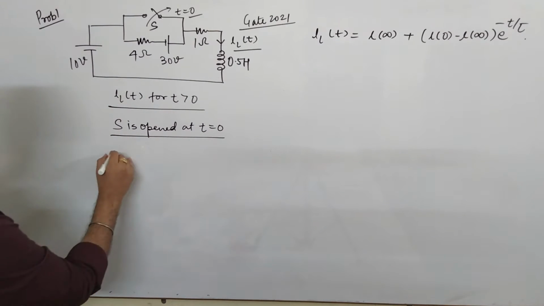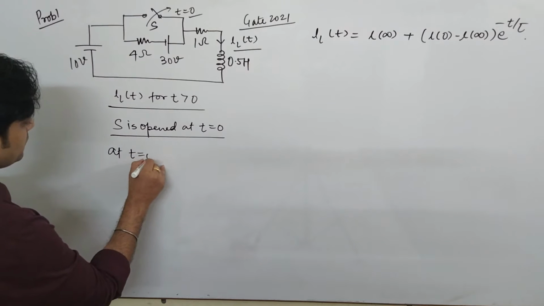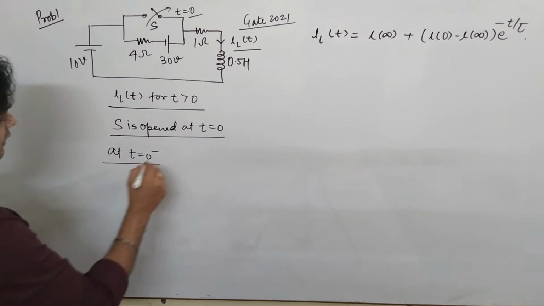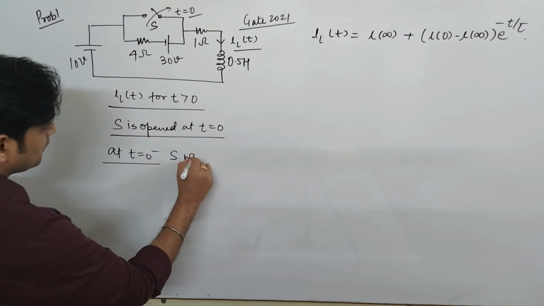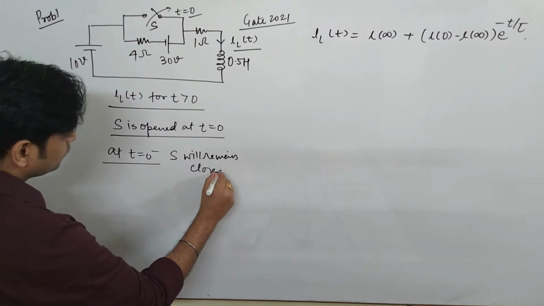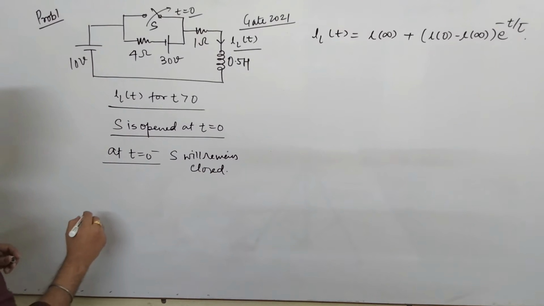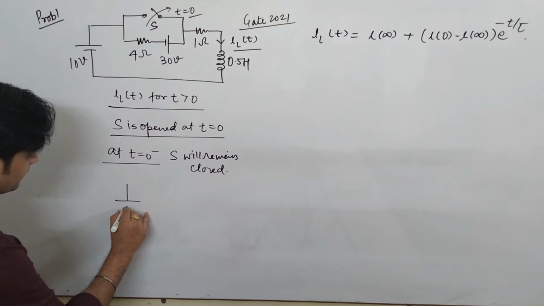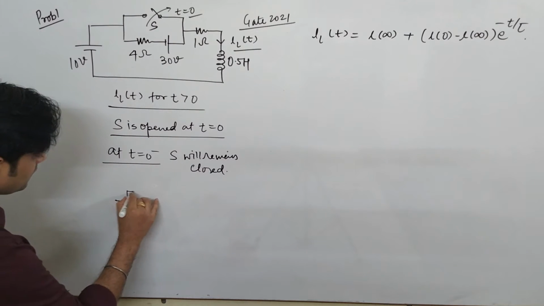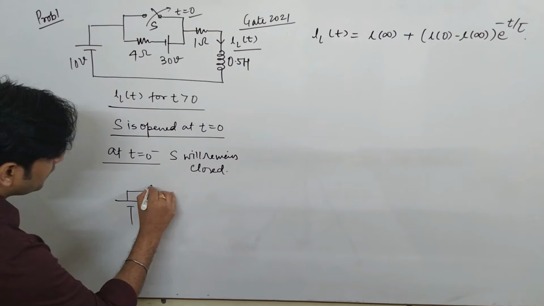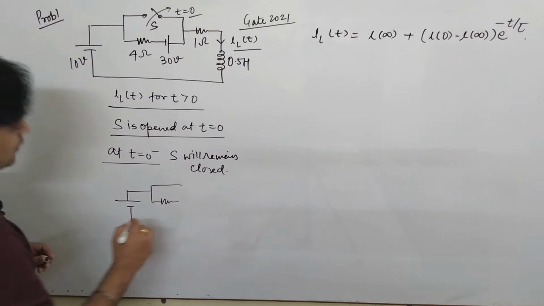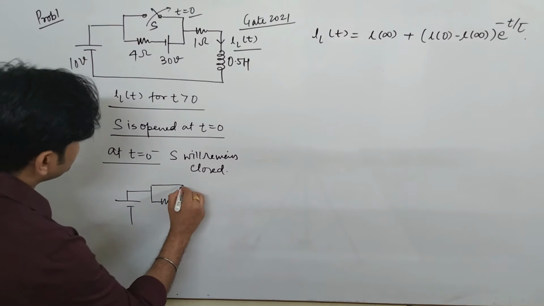Now if you see at t equal to 0 negative, what will happen? S will remain closed. So once it is closed, what will happen? See, I am redrawing this network here. When this switch got closed, this is the condition. This is your 30 volt.